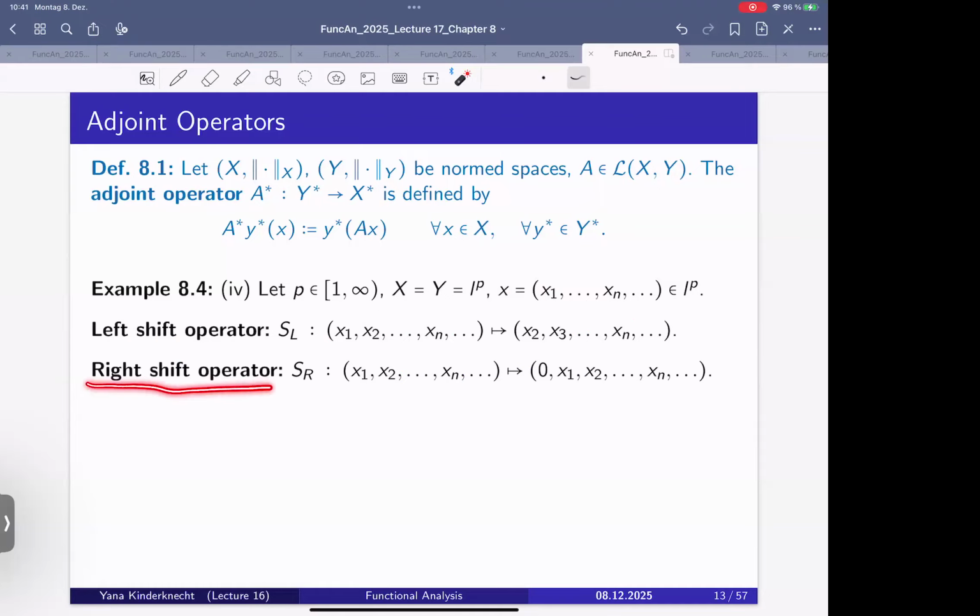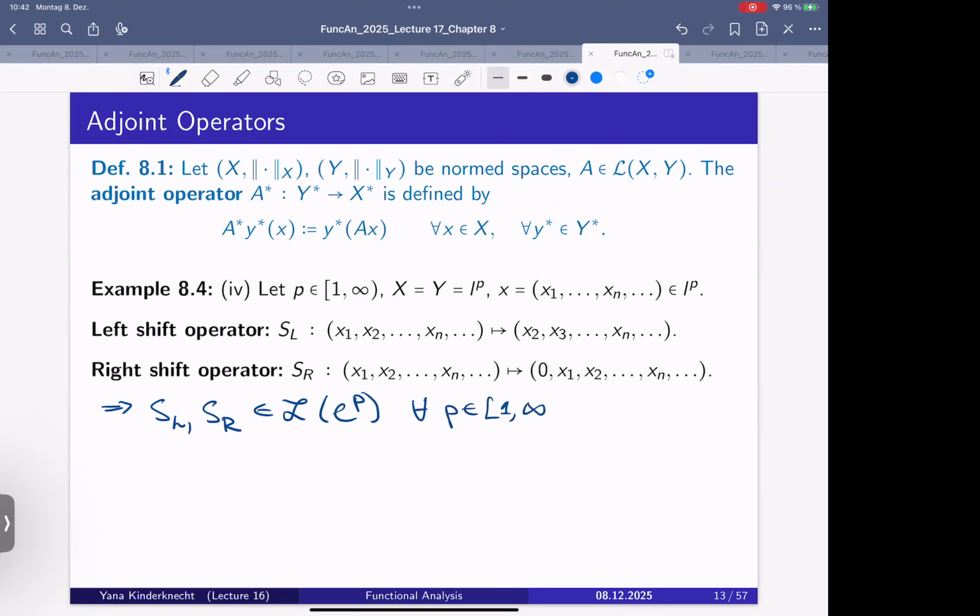How does the right shift operator act? It just shifts all the coordinates to the right by one position, and hence the first position becomes free, and it puts 0 as the first coordinate. Okay, is it clear how it works? Yes. So hopefully it is quite easy to see that both operators are bounded linear operators for any p from 1 to infinity, without infinity.